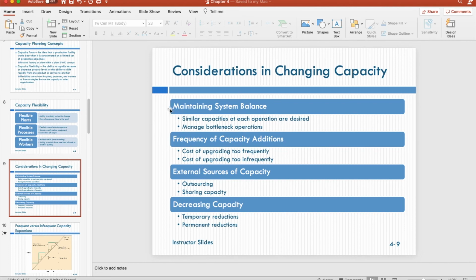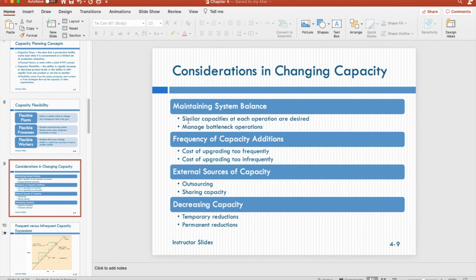First of all, we need to maintain a system balance. We know that in the whole operations management, we have a system. Basically, we have different elements, and those elements need to be fit for each other. So the capacity level for different aspects, from different disciplines, from different departments, needs to fit for each other.